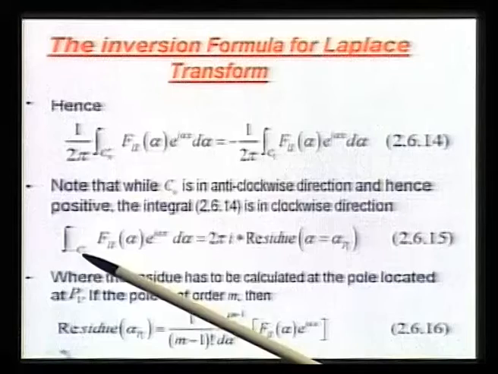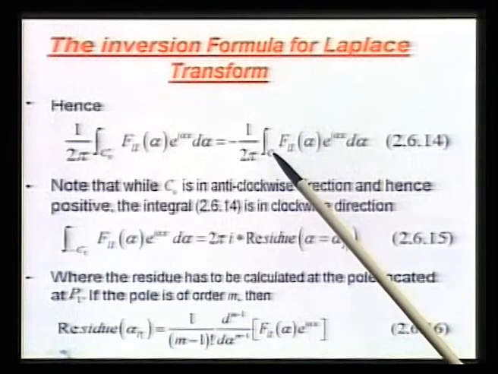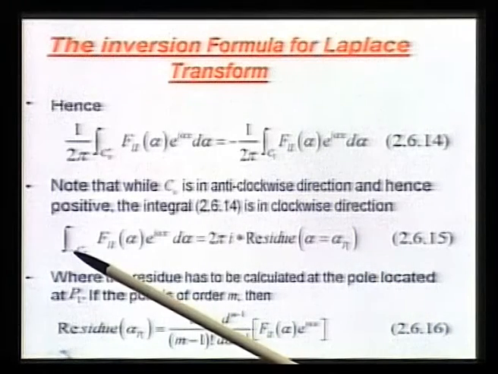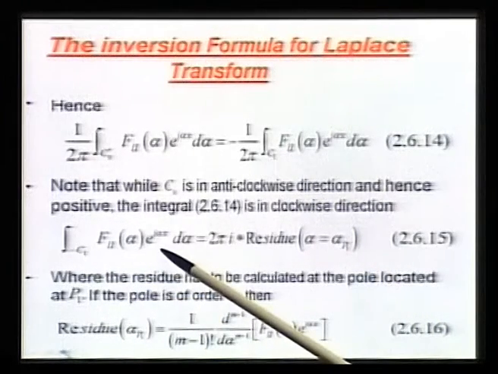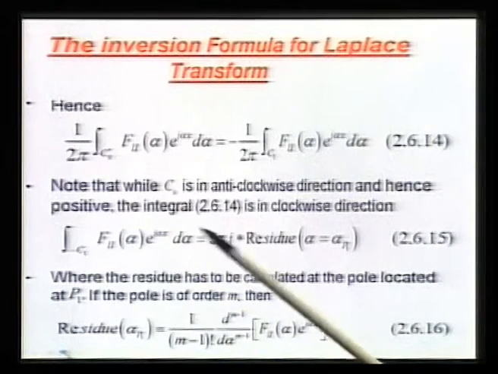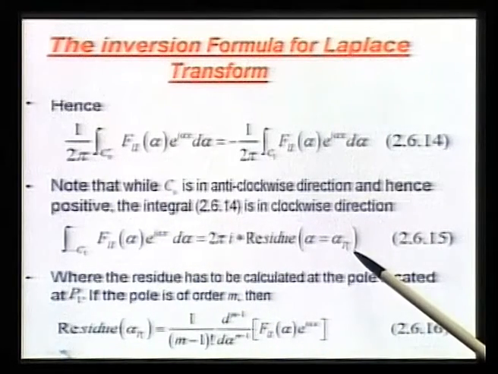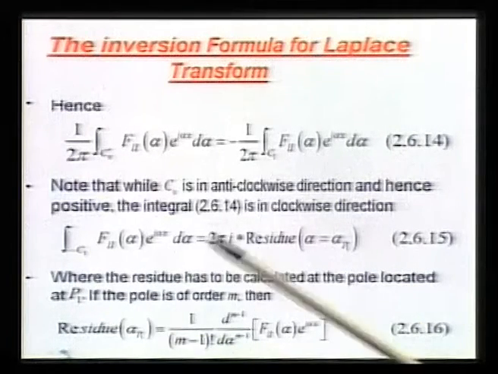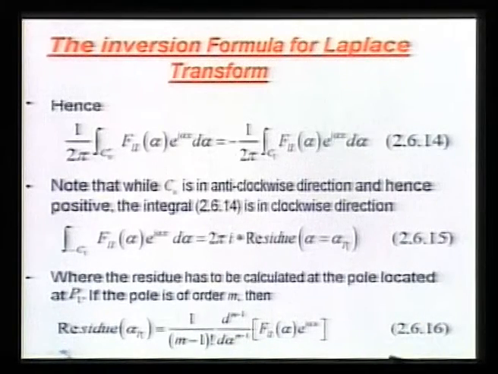this quantity, what I have done here, I have changed it to minus C1. What is this? This will be 2 pi i times the residue of this calculated at alpha at the pole, and this is the definition how you calculate the residue. So, I could have different order pole.